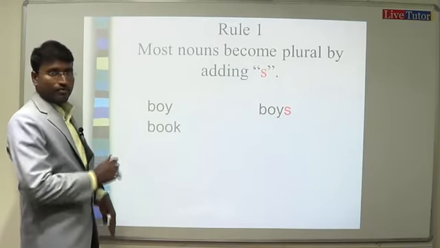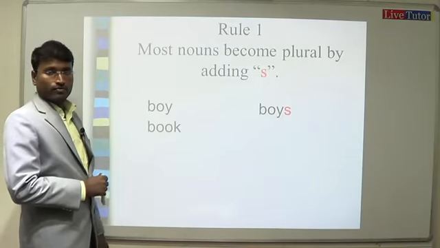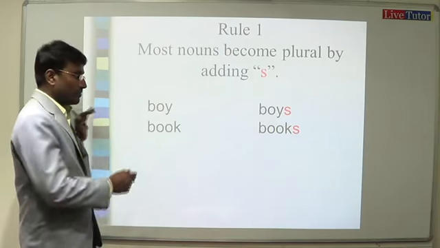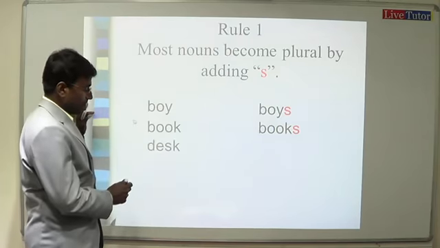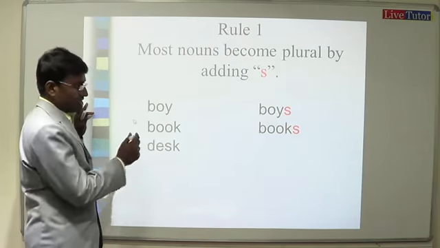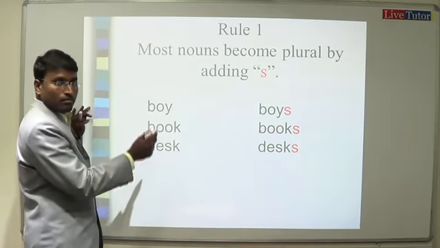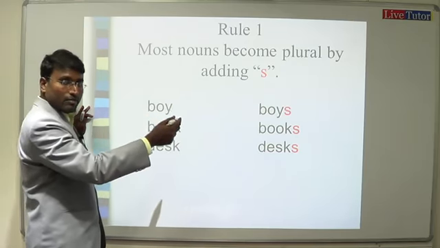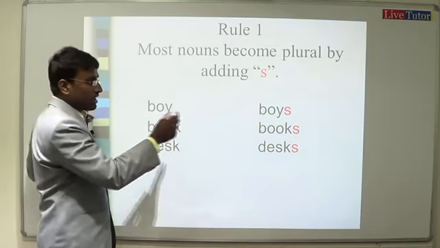Next, book. How does it become? Books. Next word, desk, singular, becomes desks. Book, how does it change? In plural, books. School becomes schools.